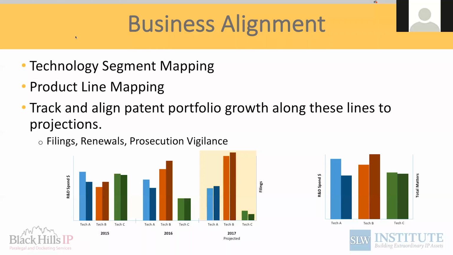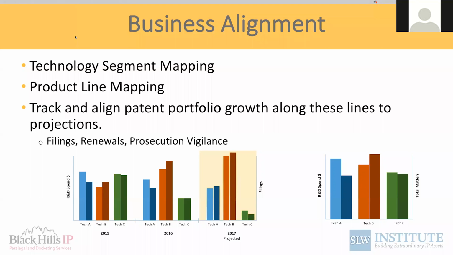So the key is that within any company, you're going to want to play with the data to see what offset fits your submission, review, and filing procedures to get that R&D spend time frame to line up with the patent filing trends that are associated with that spend.